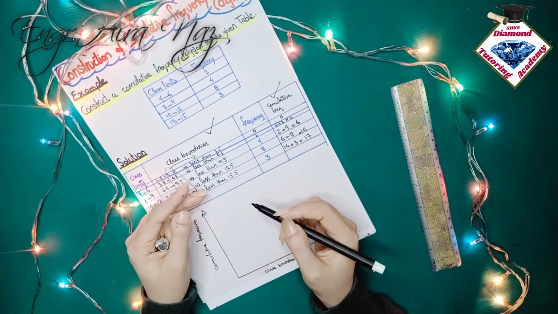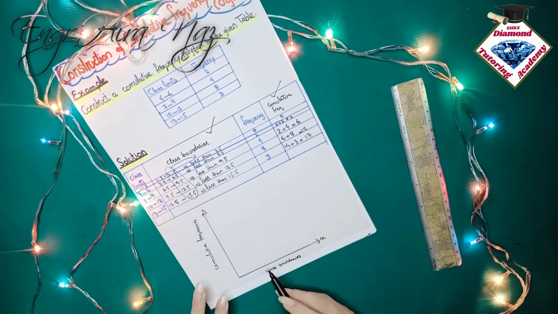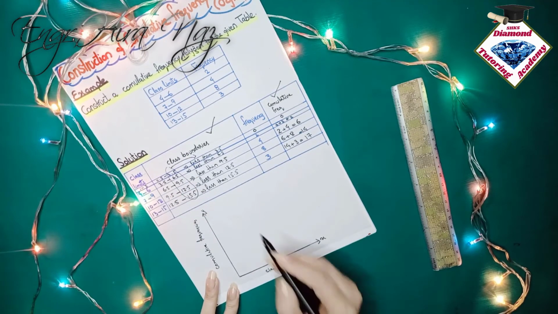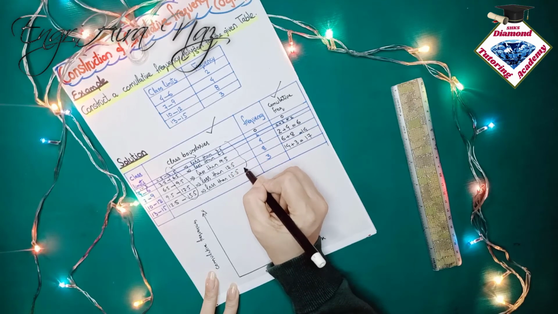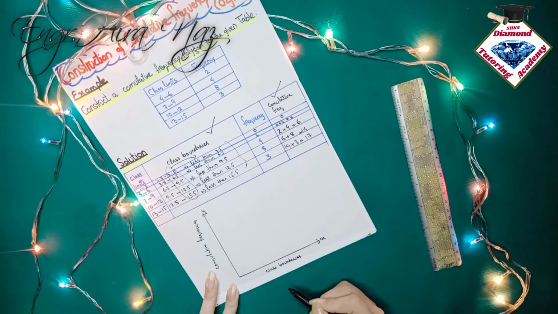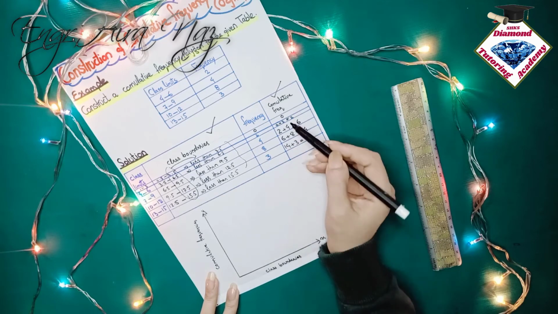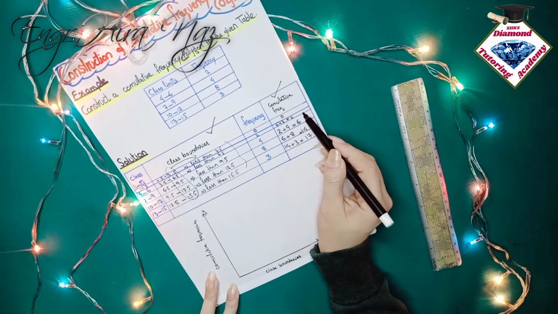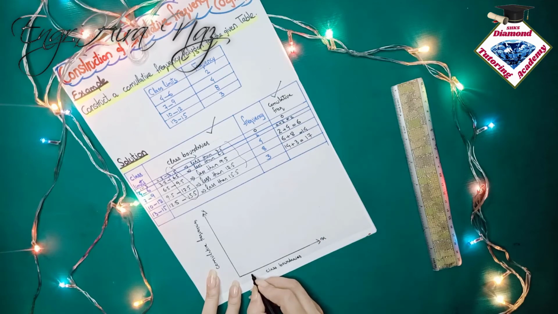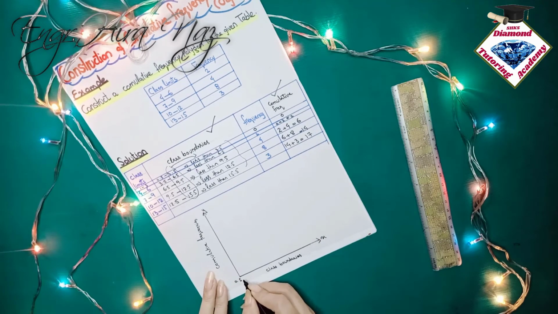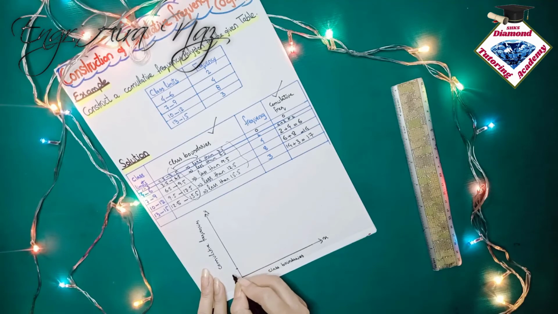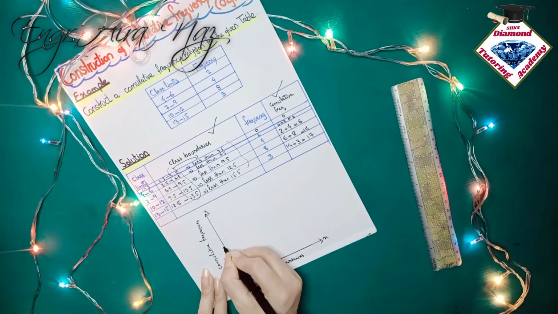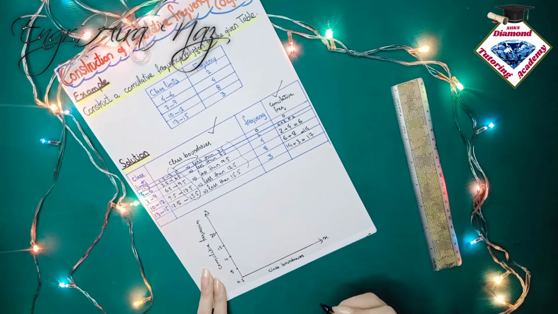Now take a scale so that the gap between each value on the x-axis is 3, as here the gap is 3, and the gap between values is 5 on the y-axis. So we can take the scale here 0, and then 5, 10, 15 and 20.